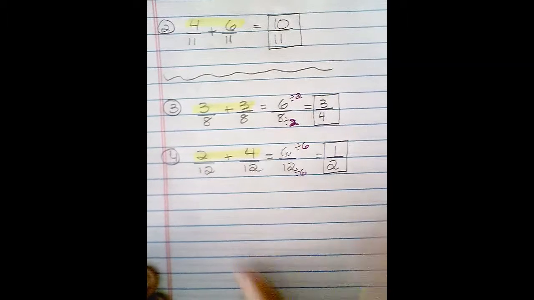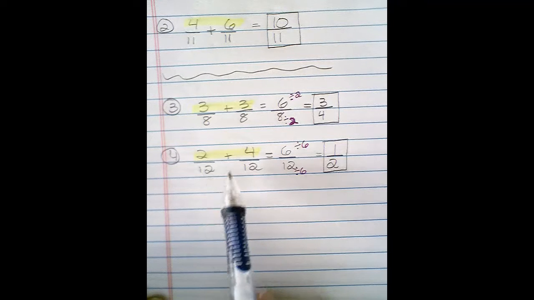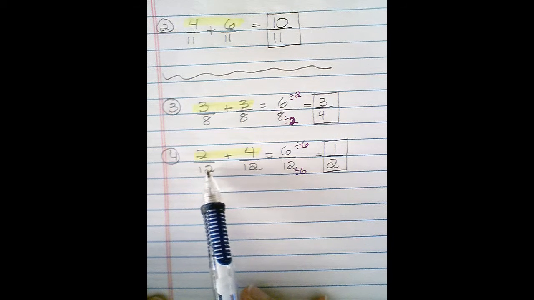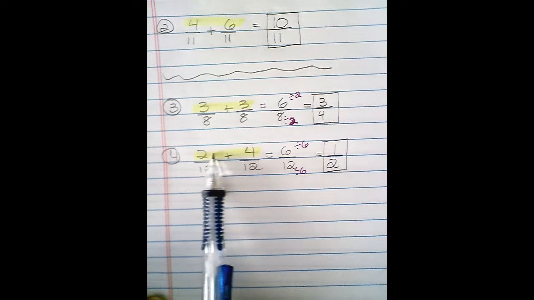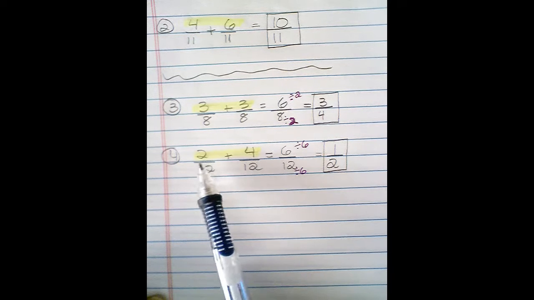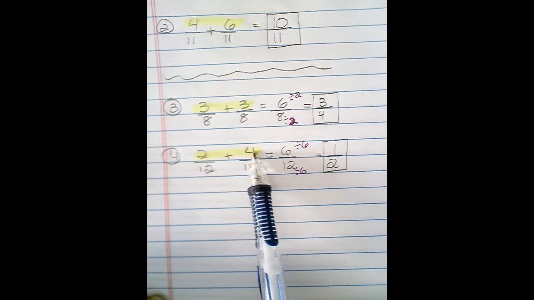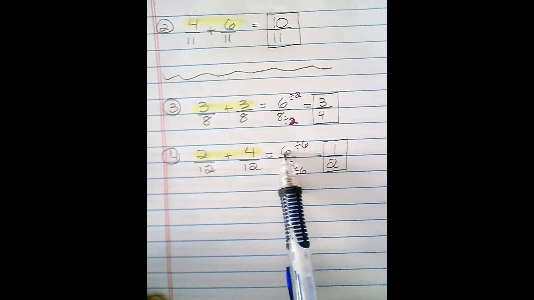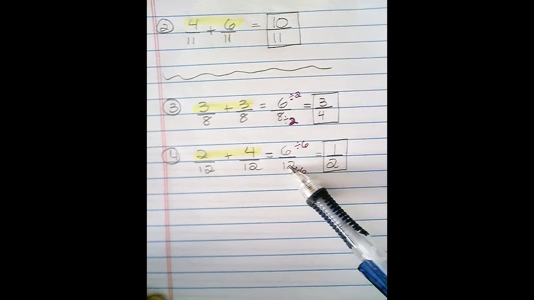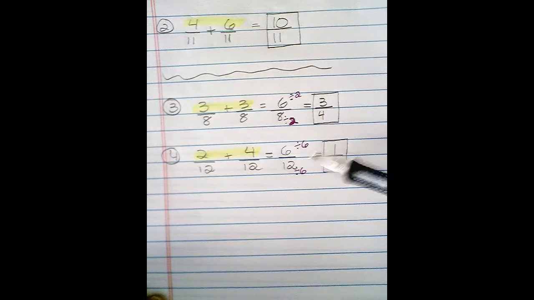Just to review, in our last two problems, you add only when you have common denominators. You always add across, and you only add the numbers in the numerator. So 2 plus 4 is 6, and we simply rewrite the common denominator.